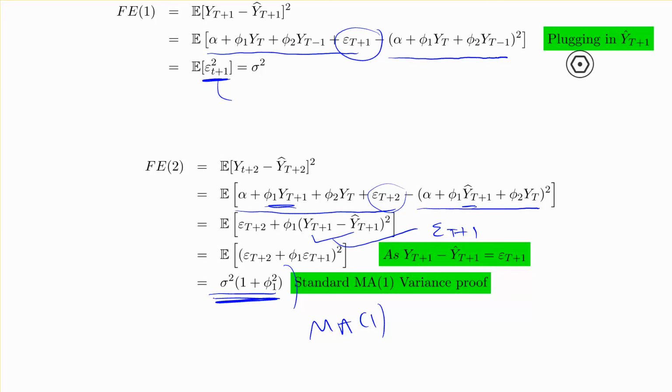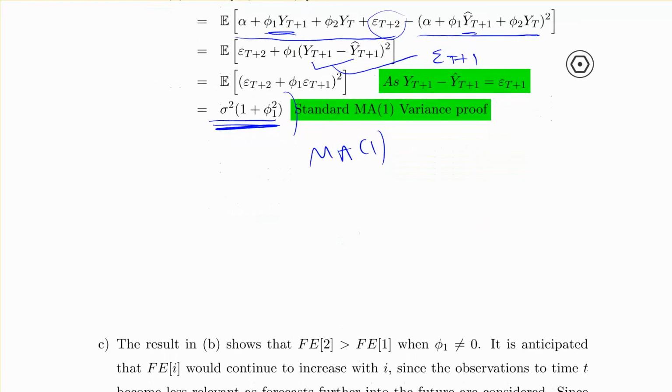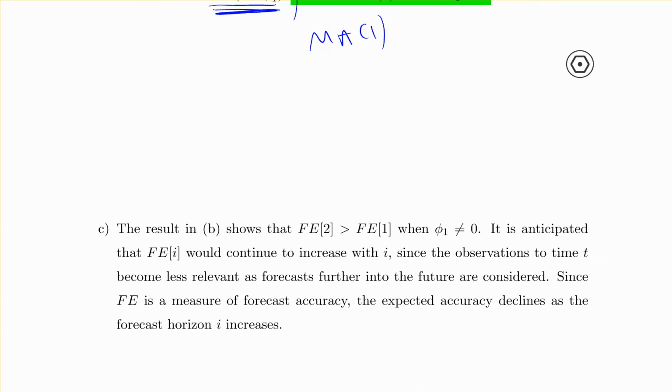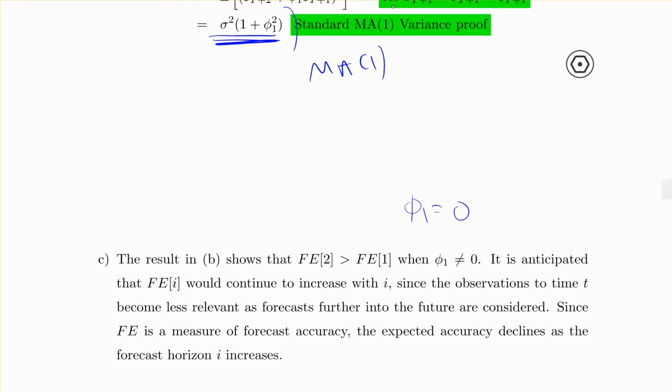Okay, so we derived the 1 step ahead predictor and the 2 step ahead predictor, and also looked at their forecast error into the future. We can see then, if phi1 doesn't equal naught, then the forecast error at time period 2 is greater than the forecast error at time period 1. Okay, and as we go further into the future, the forecast becomes less and less accurate.